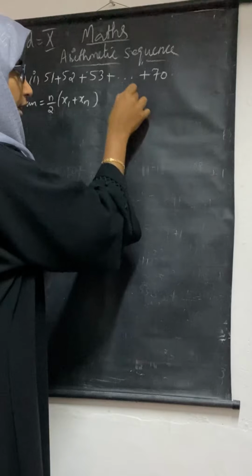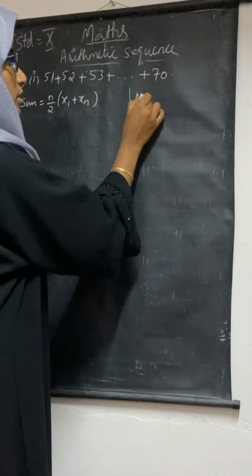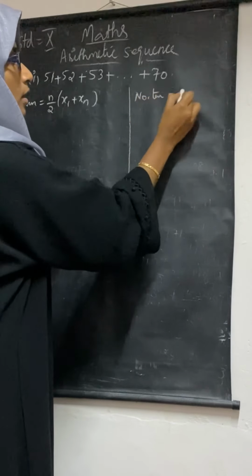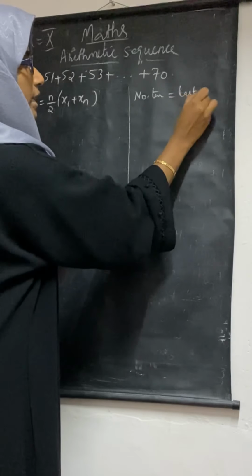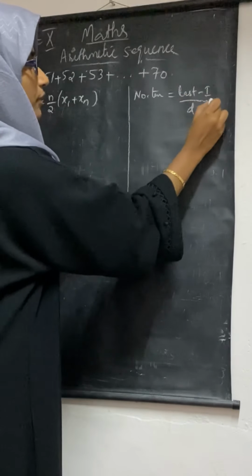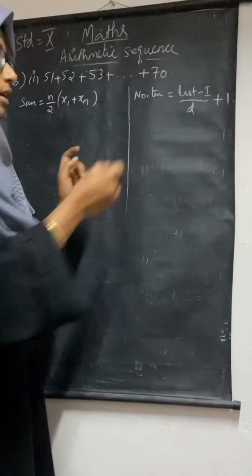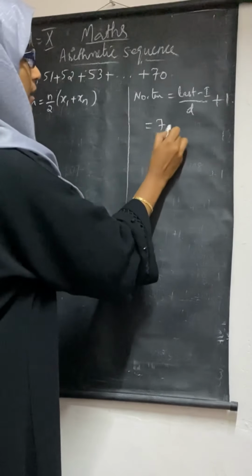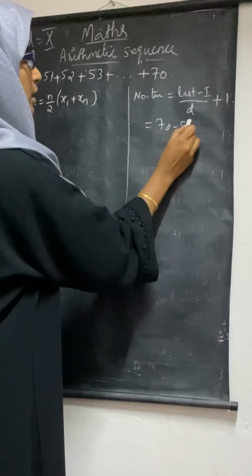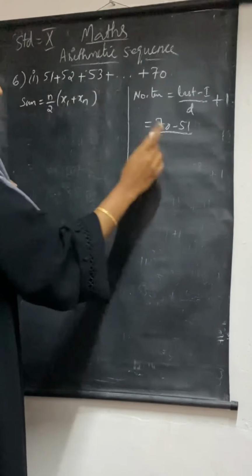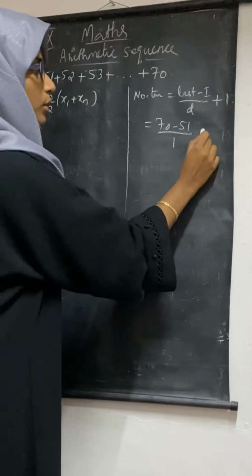Now we are finding n: number of terms is equal to last minus first divided by common difference plus 1. This is the way. So which formula do you use for the number of terms? This one. What is the last term? 70 minus first term 51, by common difference. The common difference is what? Only 1. 1 is added each time. Put this plus 1.